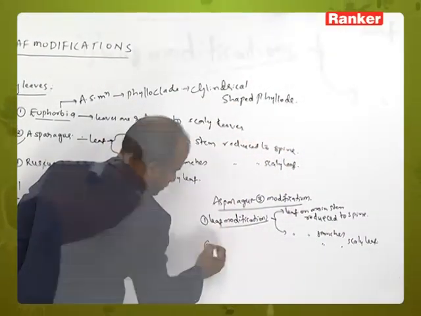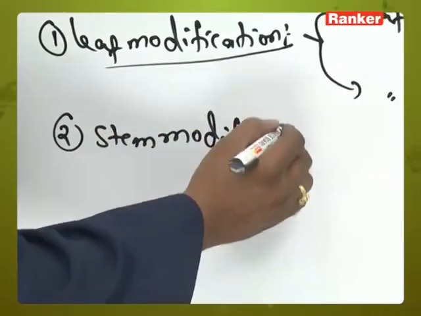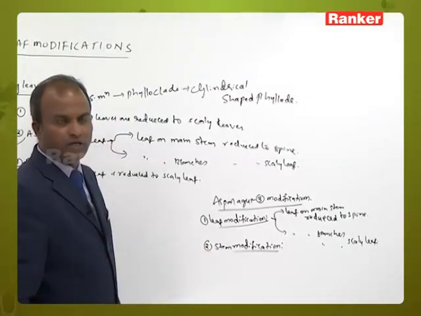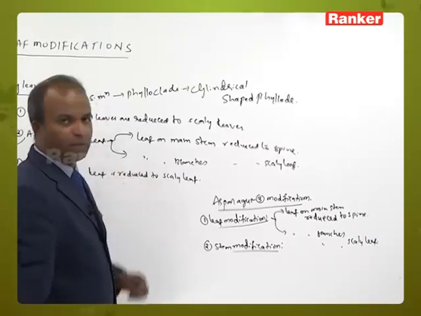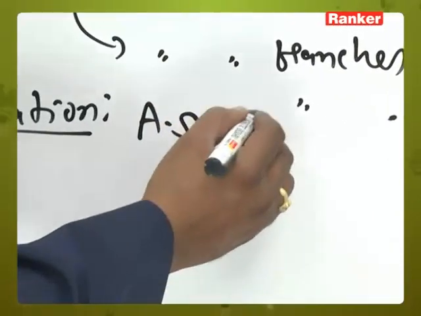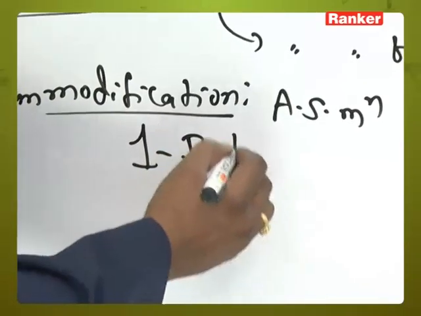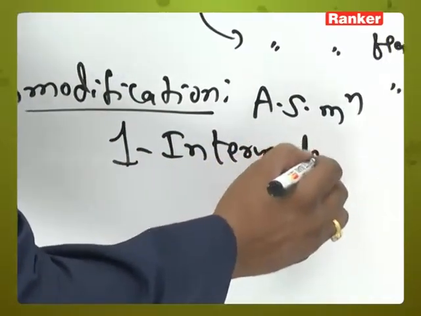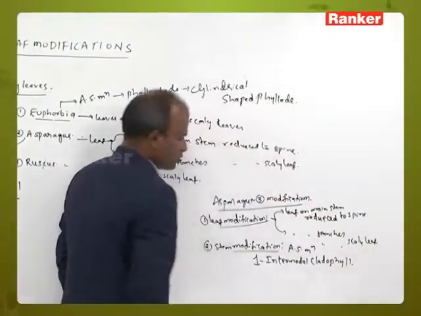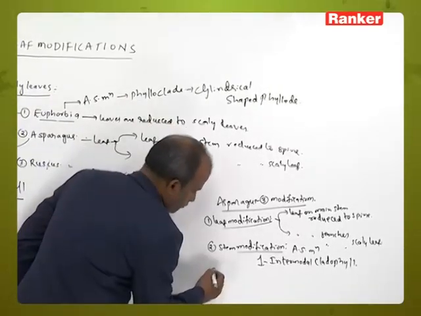And the second one is stem modification. In asparagus, it shows aerial stem modification, that is, one internodal cladophyll. And what is the root modification?